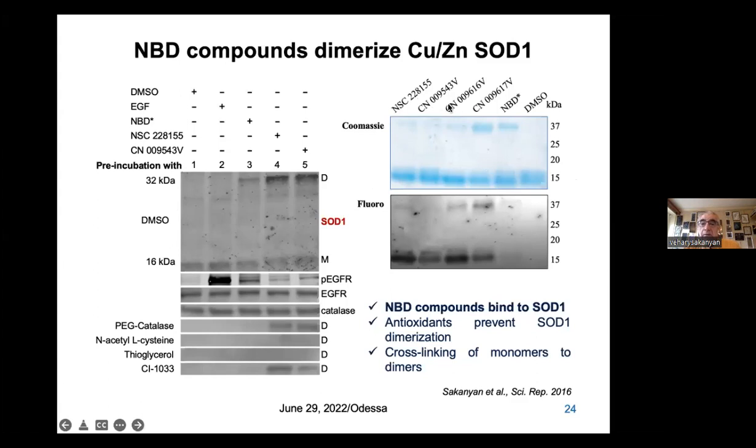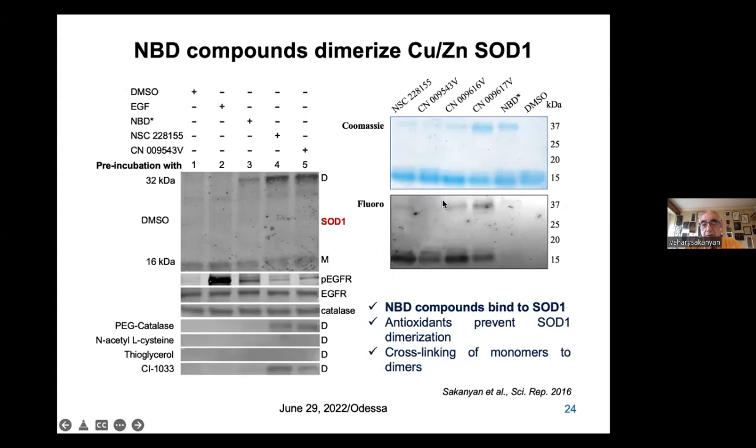So we can observe that all of the compounds, lipophilic and non-lipophilic, are able to promote the dimerization of SOD. And what we observed also is that it can be observed using fluorescence detection.